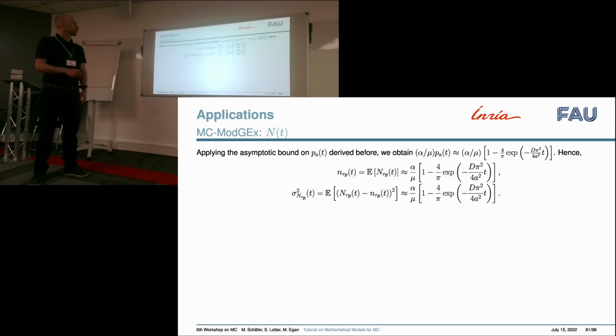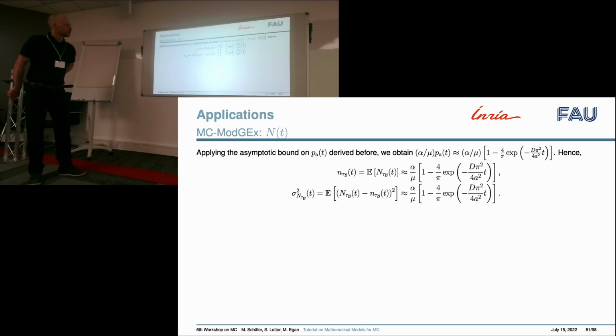Okay? So, for example, for the mean value, we get this in approximation, and using this first term approximation, we get this term here, and for the variance, we get this term here. And again, we see all the system parameters reflected in these expressions, right?